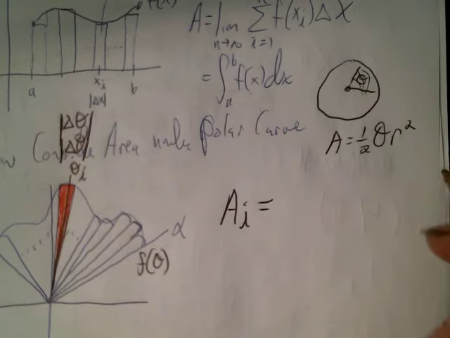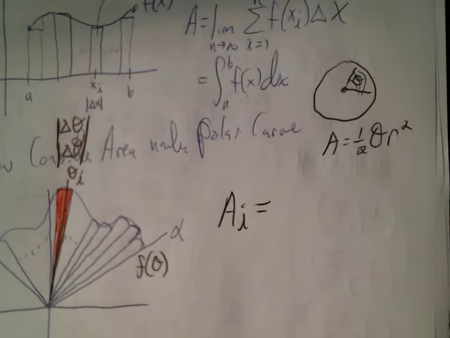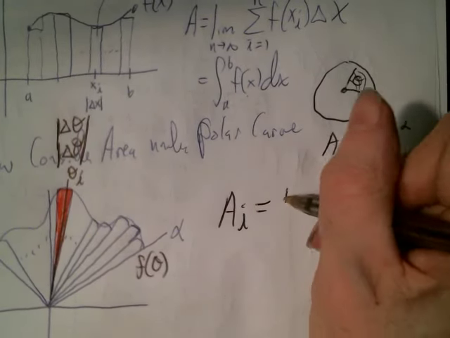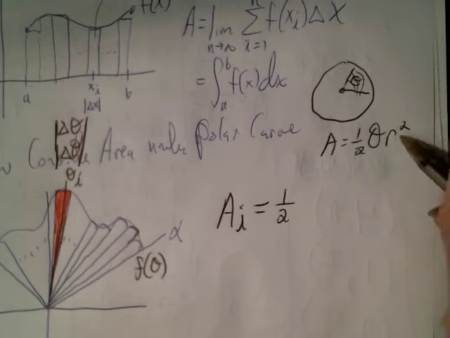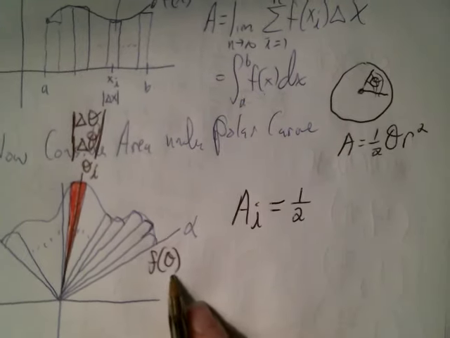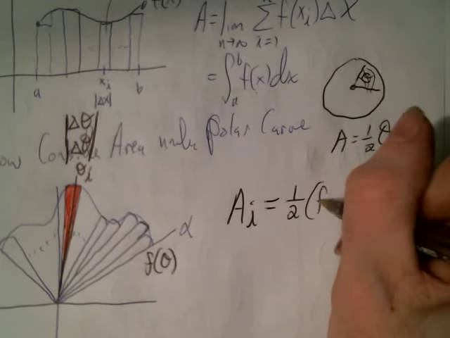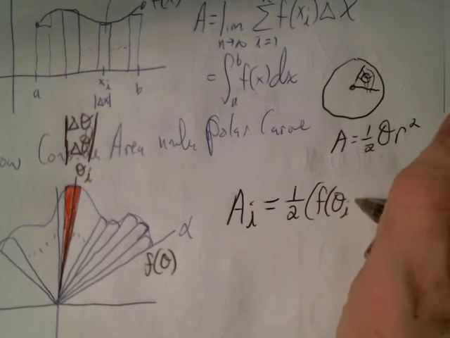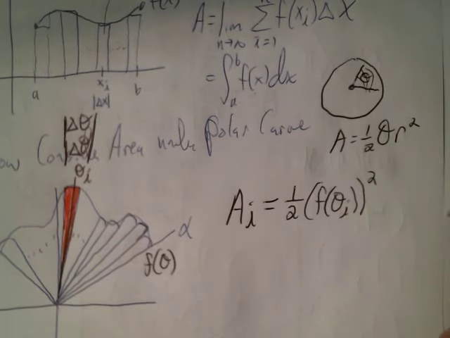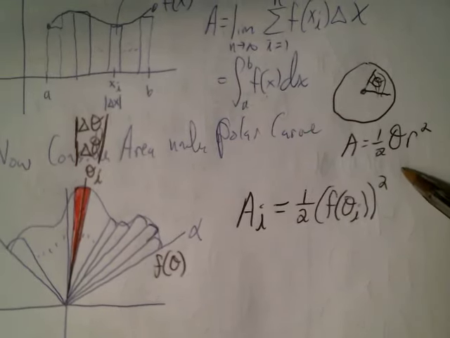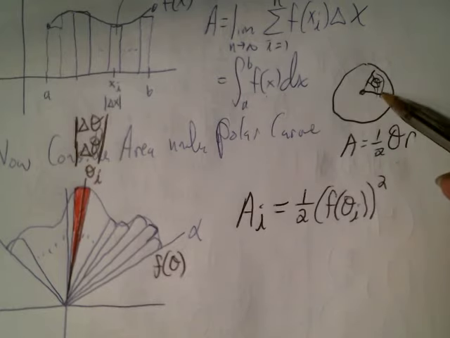So anyways, a sub i is going to be, in our case, 1/2. The r is going to be given from this function, so it's f of theta sub i squared, and then we'll use change in theta for this distance here.